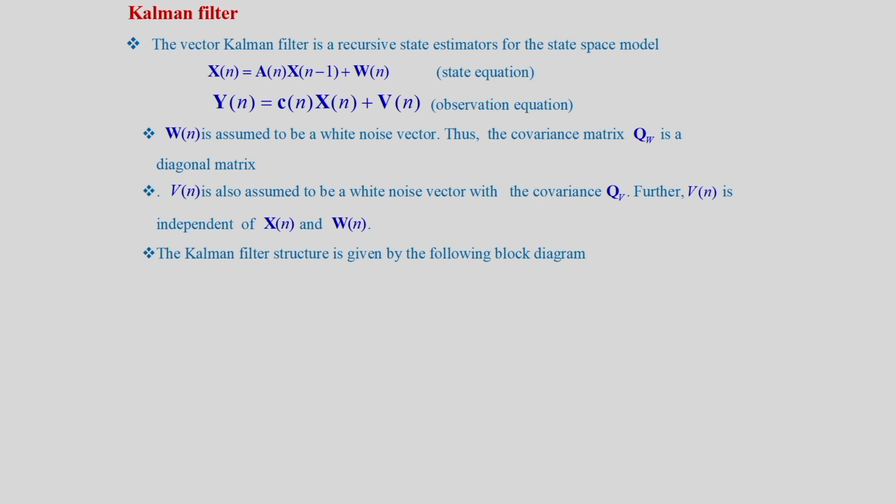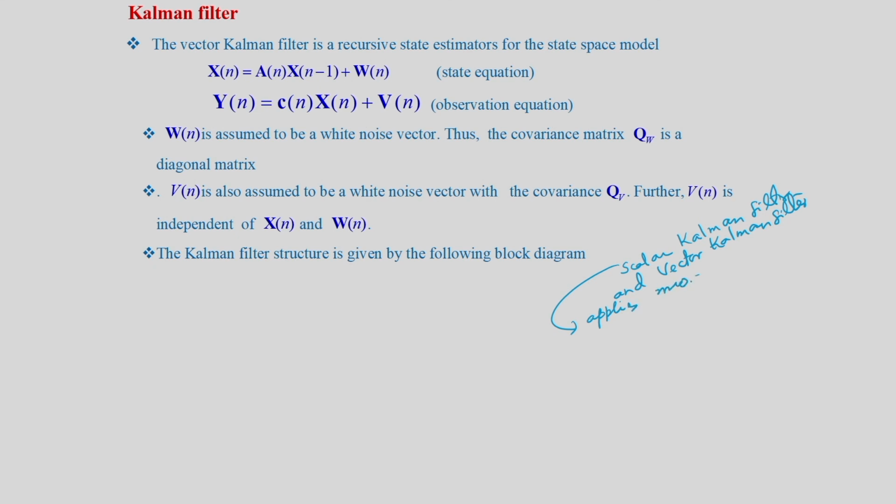So, it is a recursive least square method. We discussed two forms of Kalman filter, that is scalar Kalman filter and vector Kalman filter. The scalar Kalman filter applies the model.